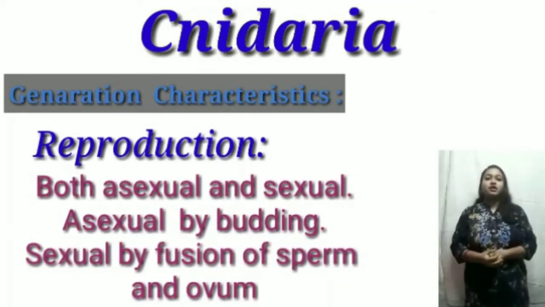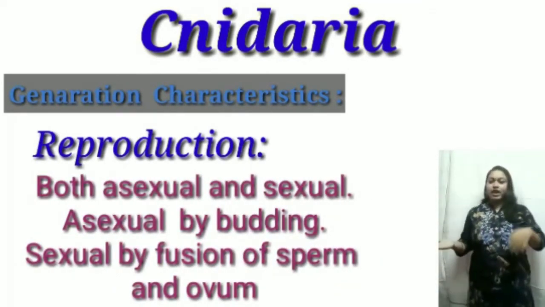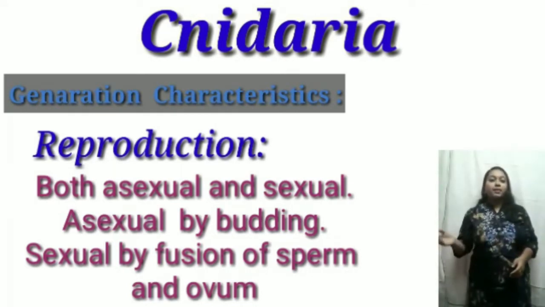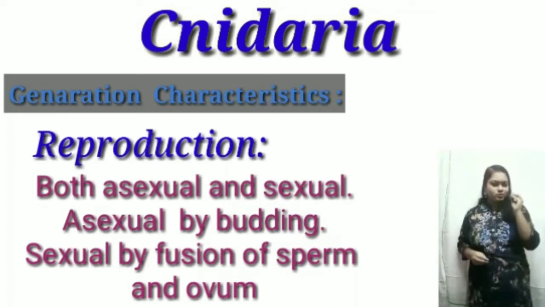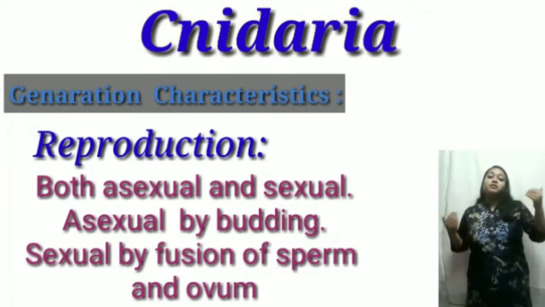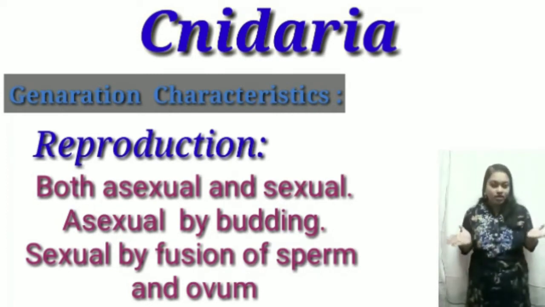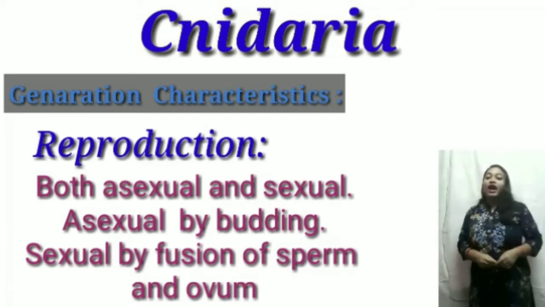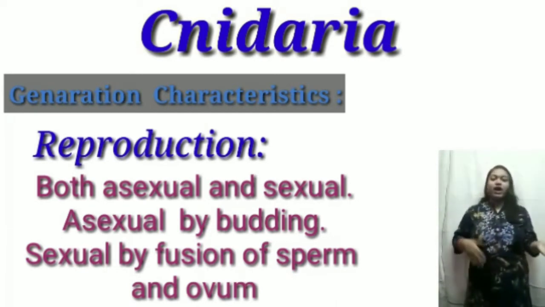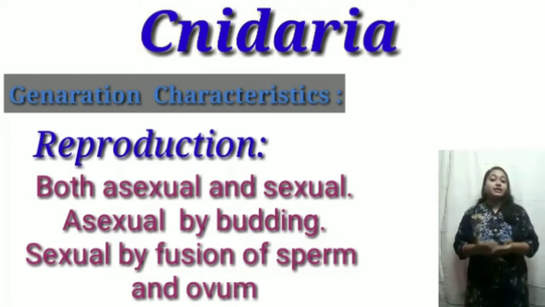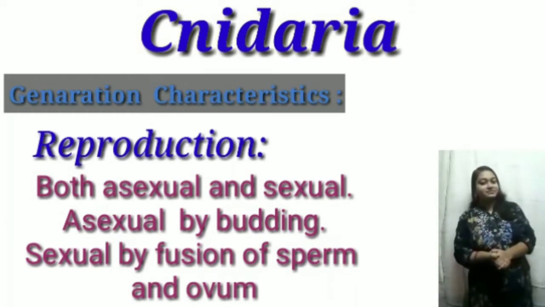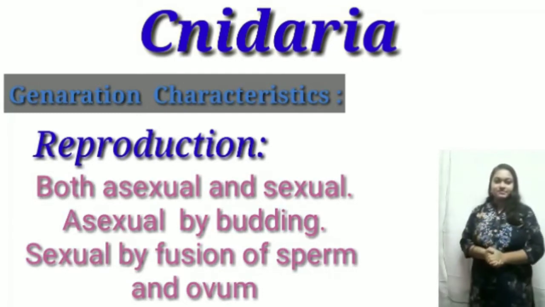The reproduction is by both asexual and sexual means. Asexual by budding, they form small buds and then they become larger and form adult cnidarians. And sexual by ova and sperm, they mate, fertilize and form adult cnidarians.